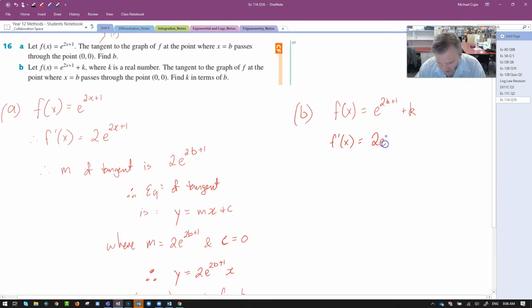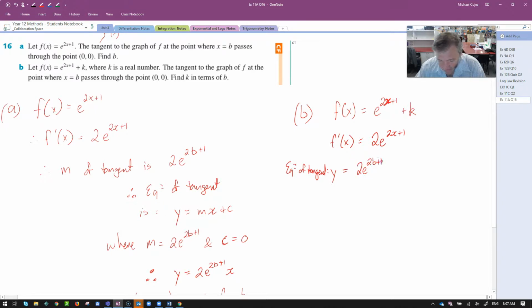So I've got 2e to the 2x plus 1. For some reason, that looks like a k. Let's make that the right letter. That will make it a little bit easier for everyone. So I've got my derivative there. The tangent to the graph at the point where x equals b passes through the point 0, 0. So the equation of the tangent is going to be y equals 2e to the 2b plus 1, x.